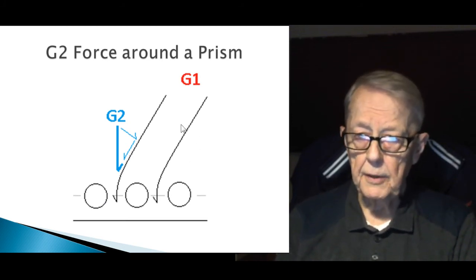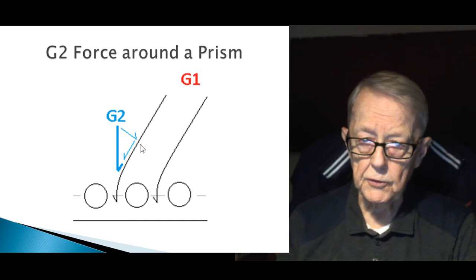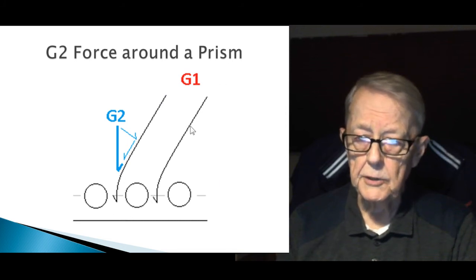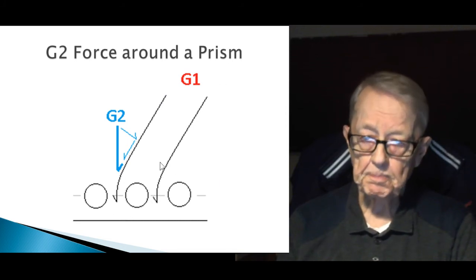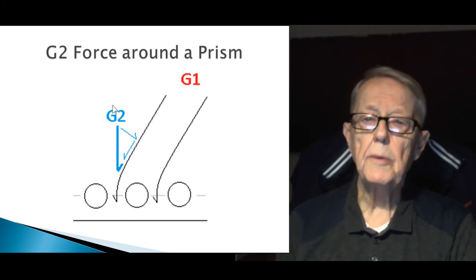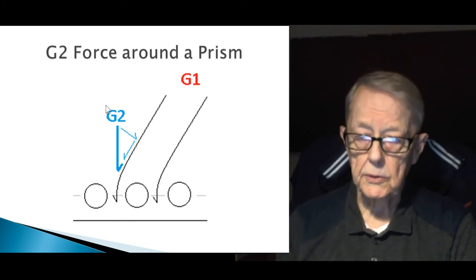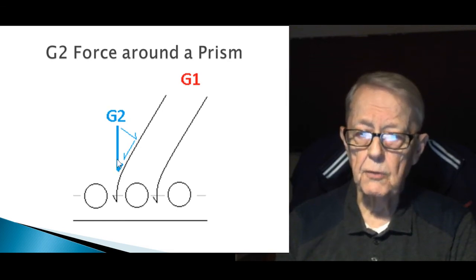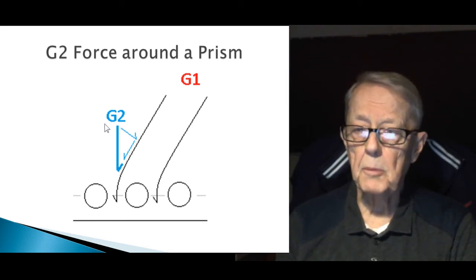And you have the streams of G1 particles coming this way and streams coming this way, and the vertical G2 force this way. What's interesting to note is that this vertical force can be broken into 2 components.